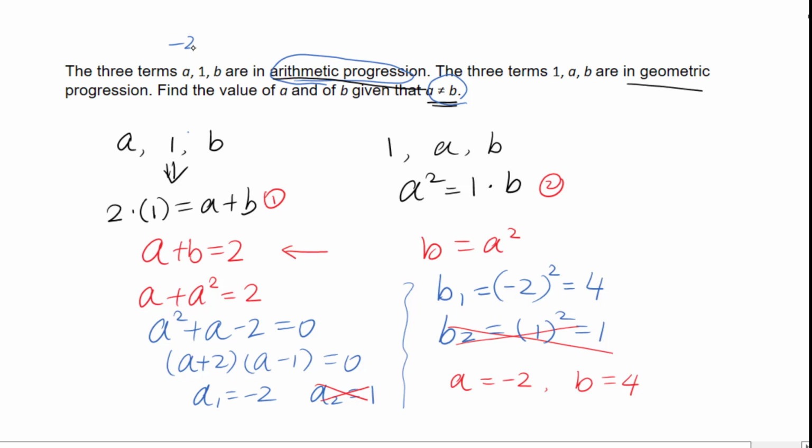A is -2, 1, and 4. So we can see the common difference will be 3. For 1, A, B, we will have 1, -2, and 4. So the common ratio will be -2. So this is the final answer: A equals -2 and B equals 4.